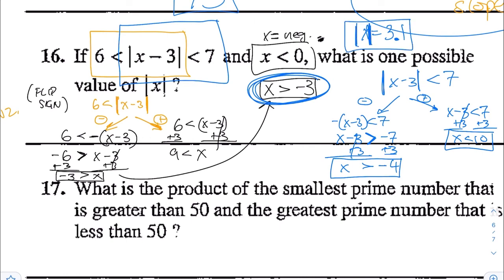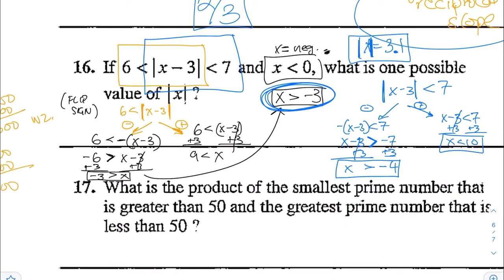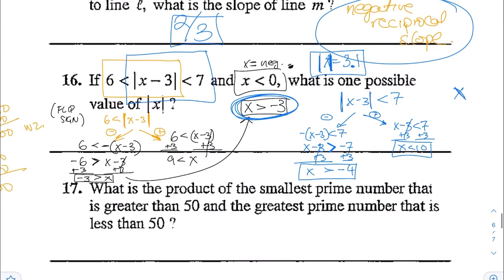Anything between 3 and 4 would be okay. So the absolute value of x would be between 3 and 4 because x is going to be between -3 and -4.